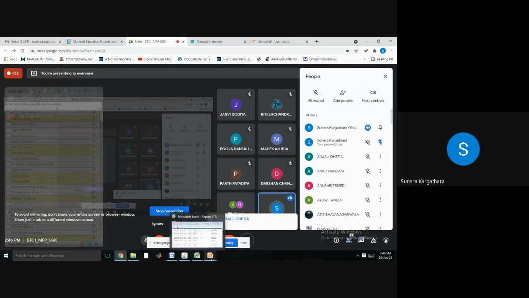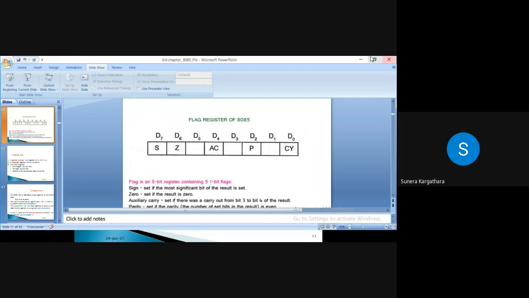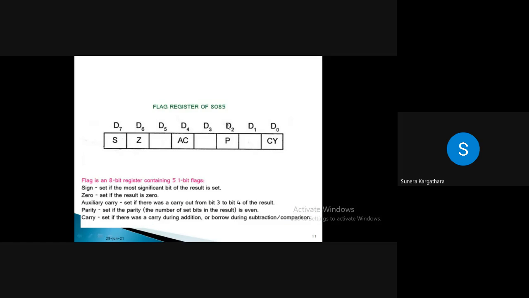See, understand it. Suppose you are checking here the condition of auxiliary carry flag, that is in between 4 bits, right? If your lower order 4 bits is generating some carry and that carry is propagated to higher order 4 bit, so auxiliary carry flag will be set to 1.